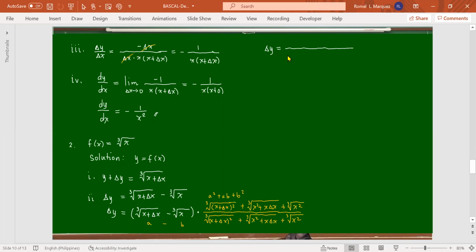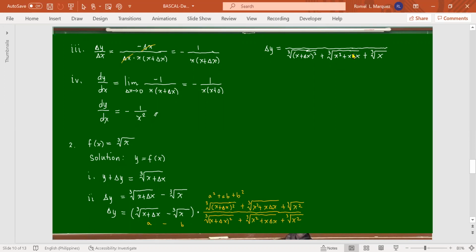So the cube root of x plus delta x quantity squared plus the cube root of x squared plus x delta x, then plus the cube root of x squared.